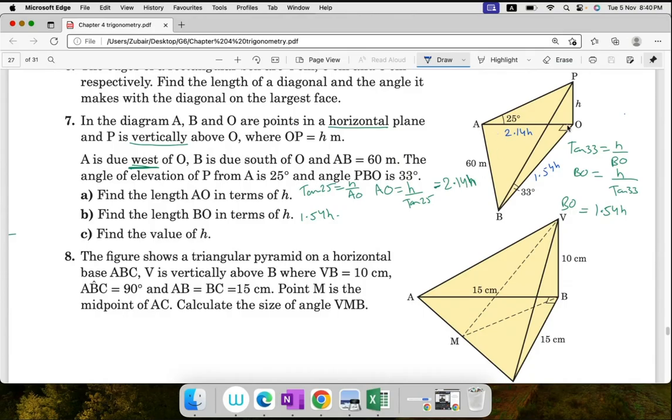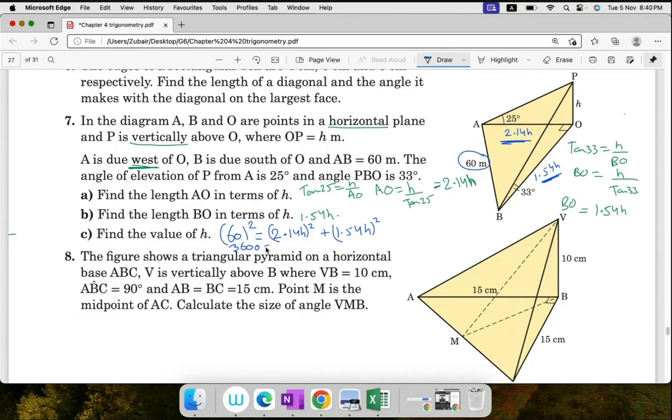If you can see, AOB is right-angled and 60 is given. So we can apply Pythagoras theorem on these three dimensions. So 60 squared is equal to (2.14H) squared plus (1.54H) squared. Any objection? No, sir.